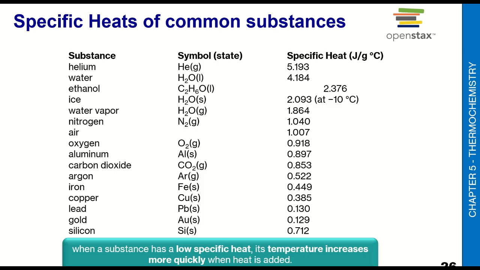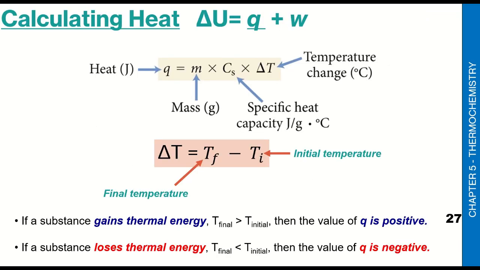Okay? Here is more of the table with the specific heat. So you need to keep in mind that when you have a substance with low specific heat, its temperature increases more quickly when heat is added. And because of this, we can calculate the heat.